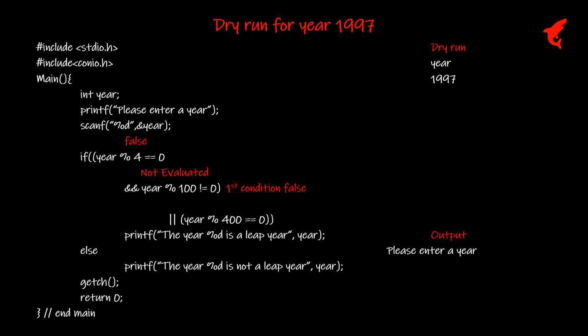However, because this is followed by the OR operator, the second condition is evaluated. The second condition is also not true, so the entire if condition is false. And so year 1997 is not printed as a leap year. After executing the getch function and return 0 statement, the program execution ends.